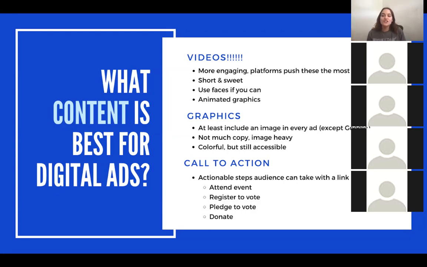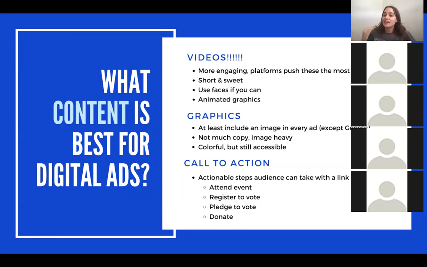And then finally, try to make sure that there's always an actionable step that audiences can take once they've viewed your ad. So usually advertisements have a link built in that will be surrounding the graphic or video to make that image clickable. And you want that action item to be easy for the audience to do.